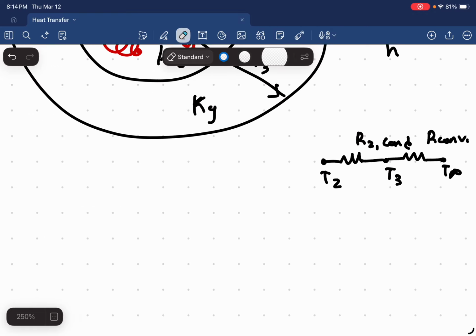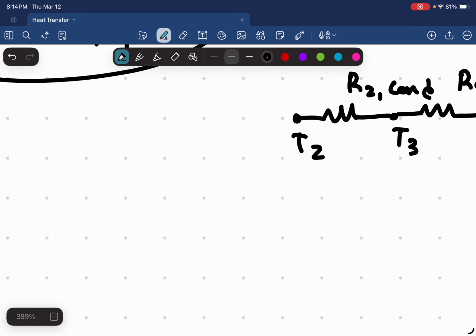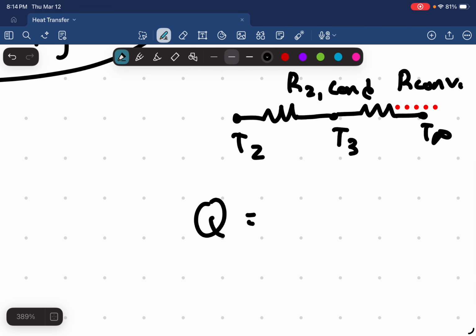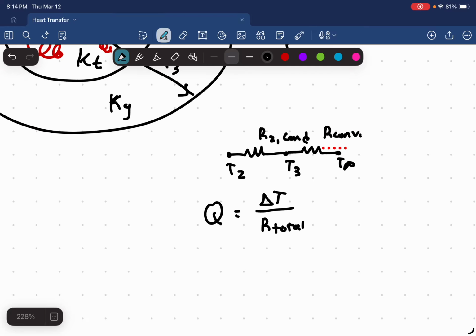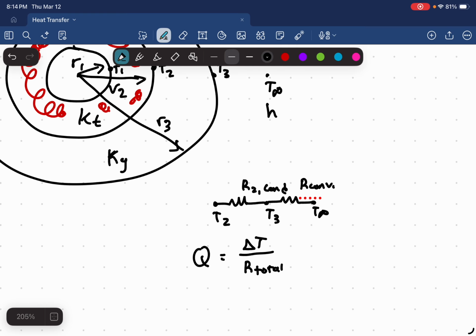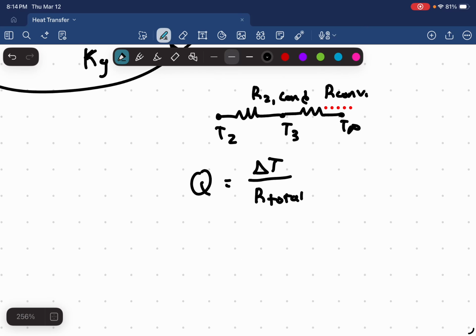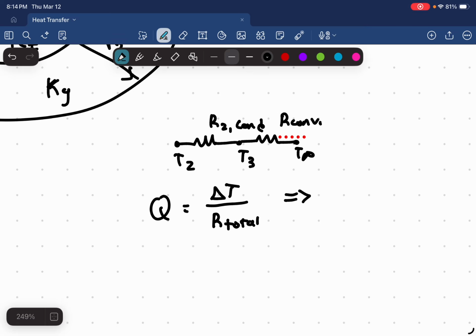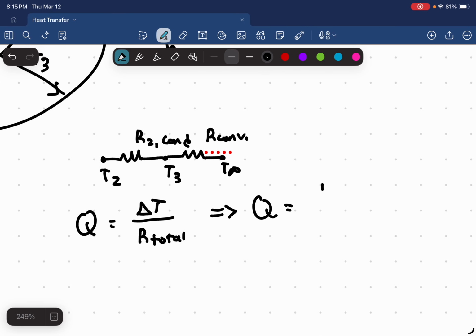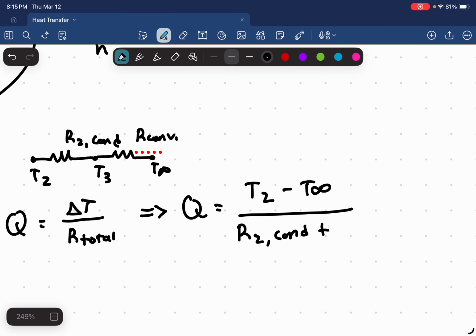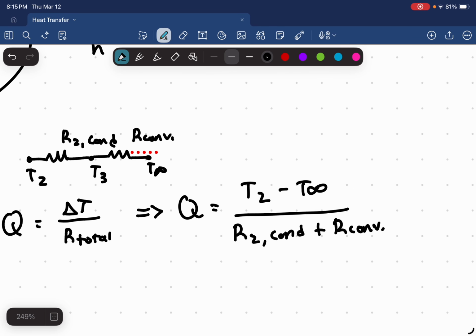Now, an equation for using the thermal resistance network is Q equal to the difference in temperature divided by the total resistance, R total. So if we're trying to find T2 and one of the givens is T infinity, then we can do Q equal to T2 minus T infinity divided by R2 conduction plus the convective thermal resistance.